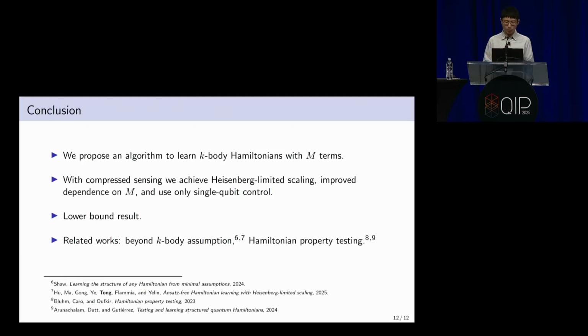But only very recently, several of my colleagues and myself have a new work that can go beyond the k-body assumption and still achieve Heisenberg-limit scaling, without inverse time evolution, using just forward time evolution.